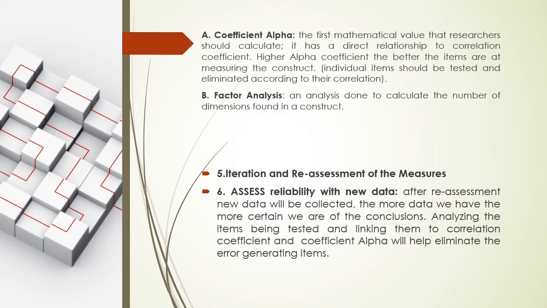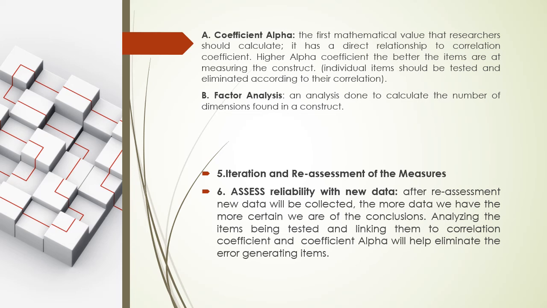our construct. Then step number 5 is the iteration and the reassessment of the measures, which is when more data is collected. So step number 6 would be assessing the reliability of the new data. So this is the reassessment of the data that we collected.